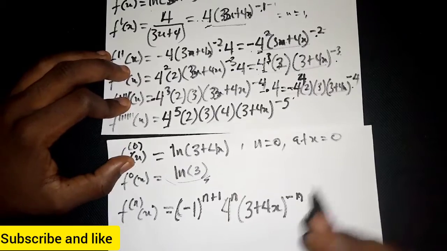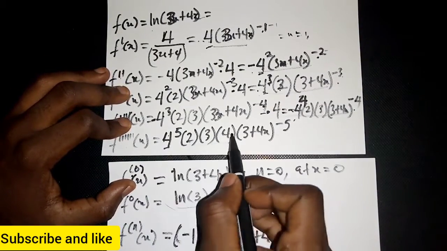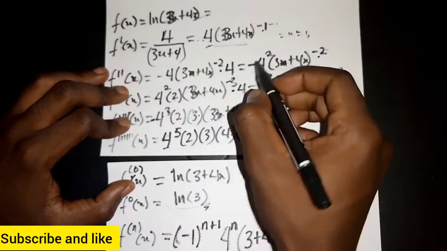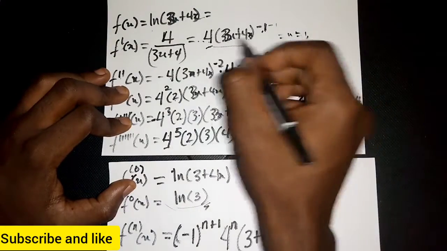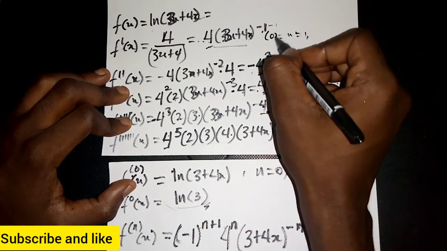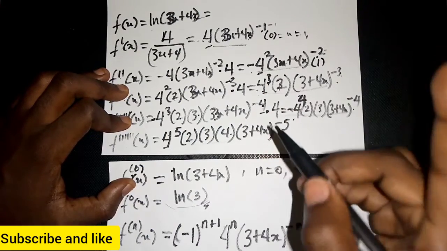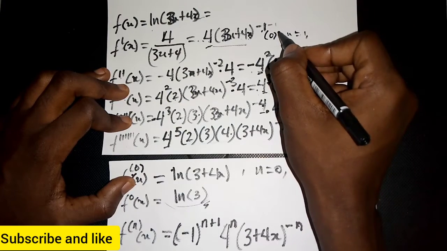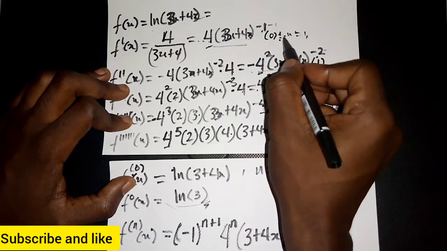Okay, now the last one is where we have 2, 3, 4. We have 2, 3, we have 2, and over here is just 1. Then over here is just 0. But the trick here is that it is equal to the factorial, because if this is 0 factorial, 0 factorial is just 1.